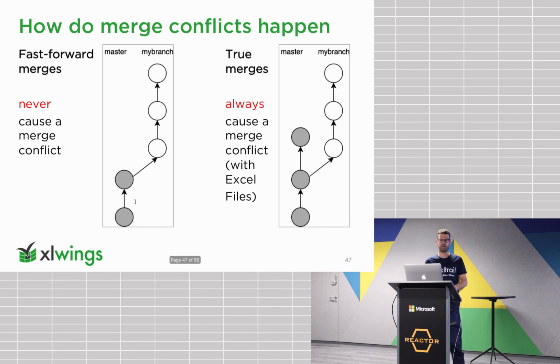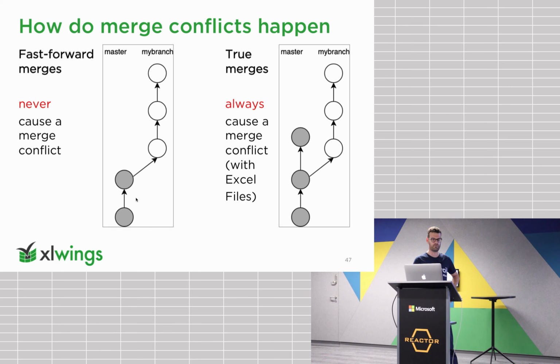This is an attempt to explain when and why a merge conflict happens, and why it happens more often than if you use just standard text files. There are really just two situations you can end up with. The one on the left-hand side is a really good one. For example, you use two branches, and you branch off here.